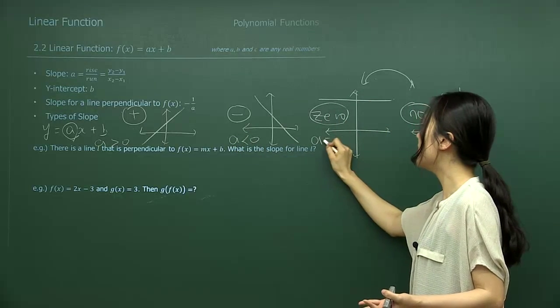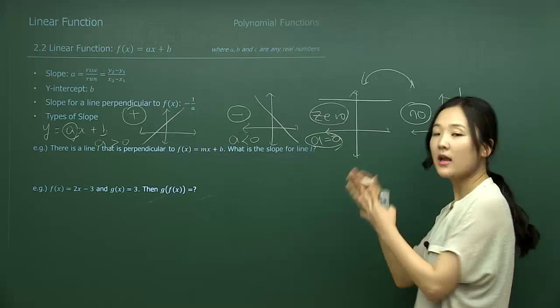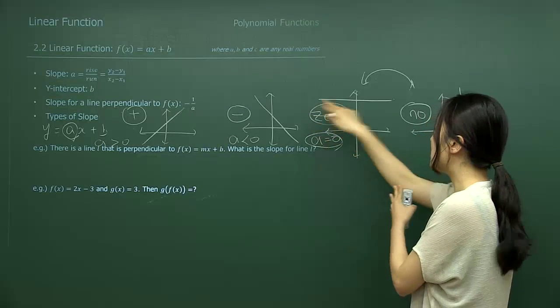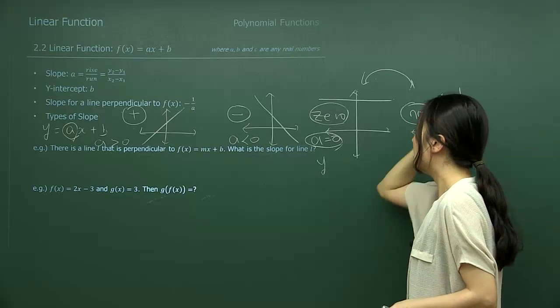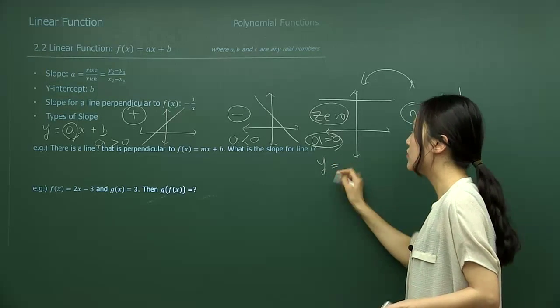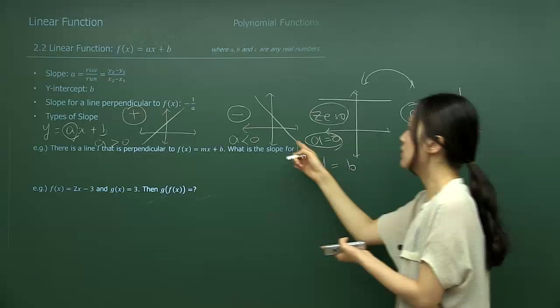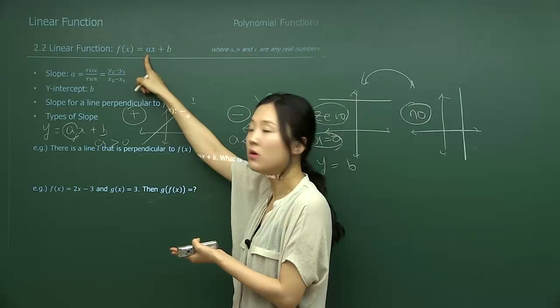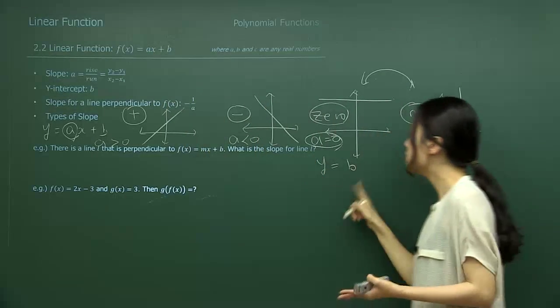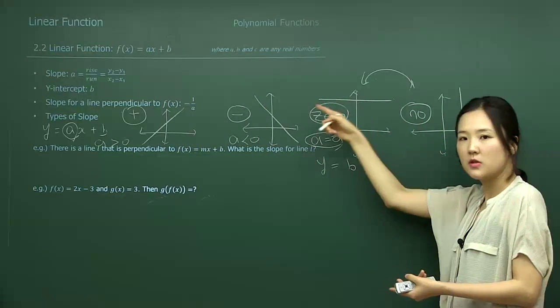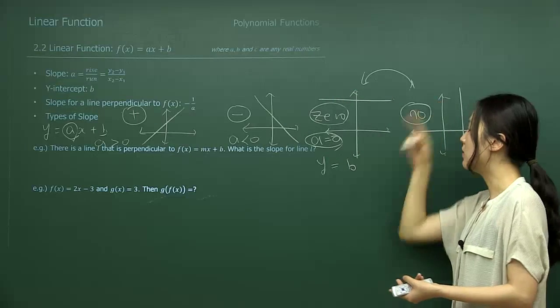Here your slope is equal to 0. So when it comes to zero slope graphs, you will be given an equation that says y equals something. Because a is equal to 0, this part just disappears. So y equals some number always gives you a horizontal line.